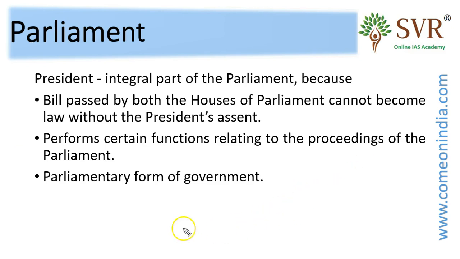As a result, the President becomes an integral part of the Parliament of India. After all, India has adopted a parliamentary form of government. We know that the parliamentary form of government emphasizes the interrelationship between legislative and executive. So it is directly implied that the executive authority, that is the President, becomes part and parcel of the Parliament of India.